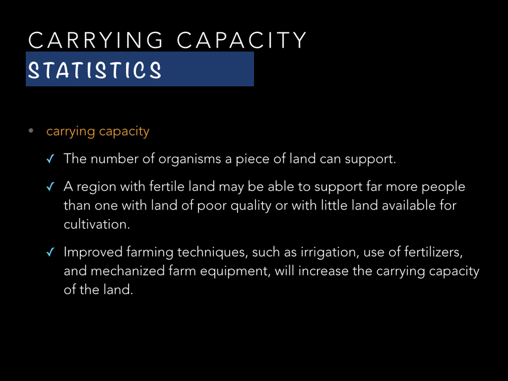Maybe an area like Japan, where it has many mountains, but really not very many places to grow crops. You can increase carrying capacity by using improved farm techniques like irrigation and fertilizers and mechanized farm equipment.